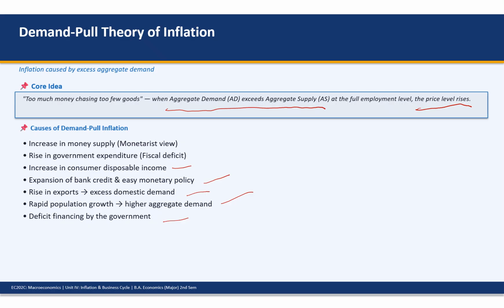In this particular case, inflation does not begin from the side of production. It begins from the side of demand. As long as output can still rise, the prices may not rise very sharply. But once full employment is reached, further increases in demand mainly lead to higher prices, not higher output.